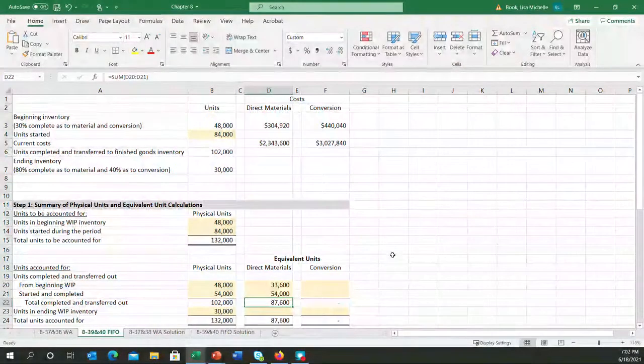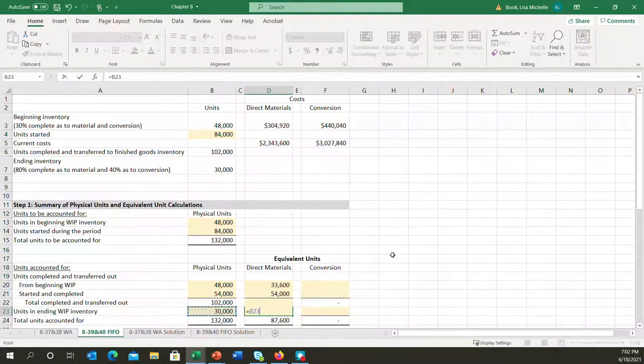So now my equivalent units completed and transferred out isn't the 102,000 like it would have been under weighted average. It's 87,600. My equivalent units in ending work in process inventory work the same as in weighted average.